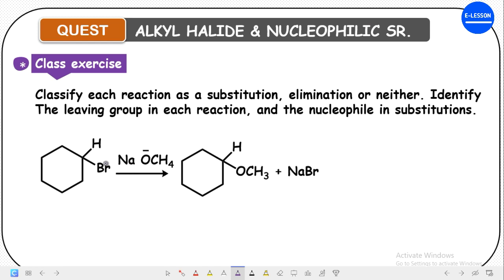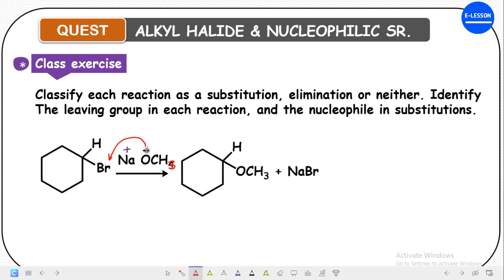Now, if you look at this reaction, this is bromine, right? This is OCH3. This is the nucleophile here. This is positively charged. This nucleophile here attacks this bromine group, and then it forms OCH3 plus sodium bromide. This group here is supposed to be OCH3.